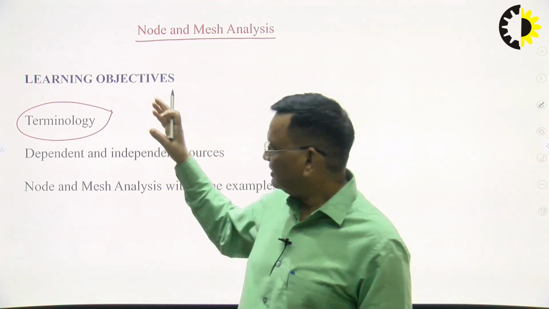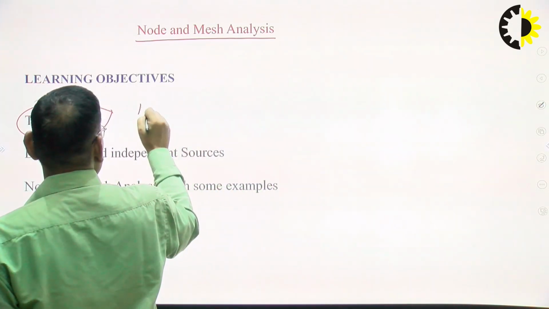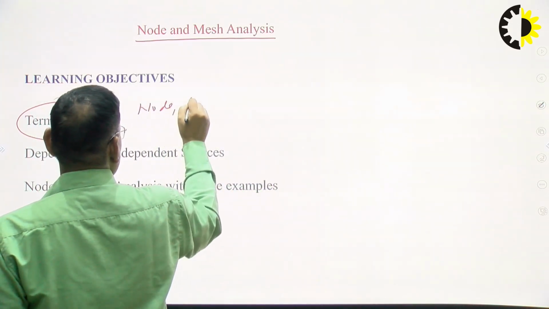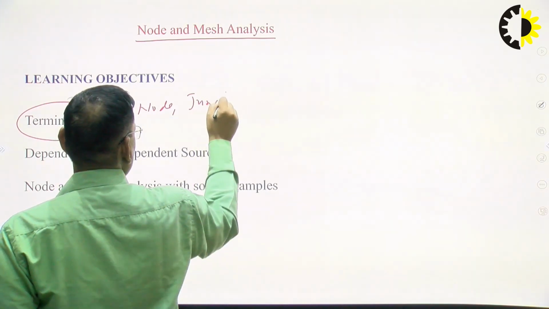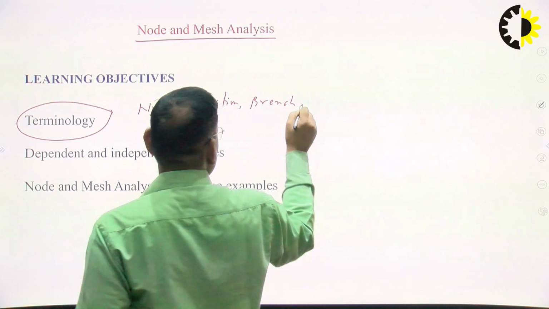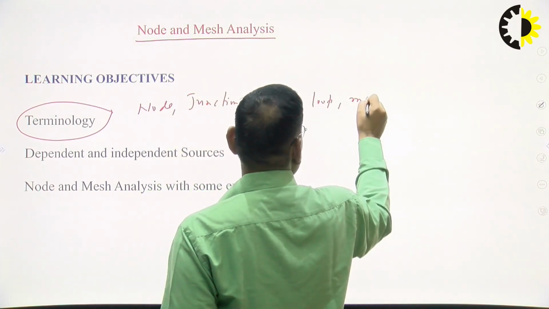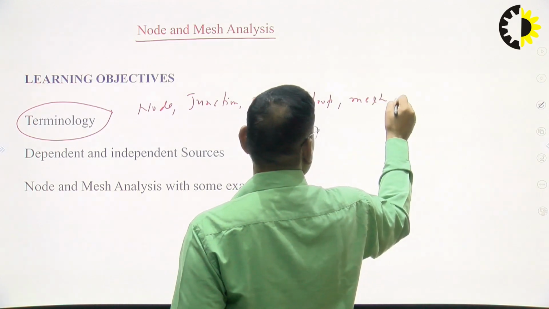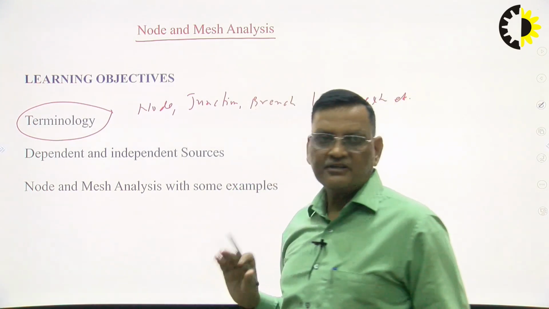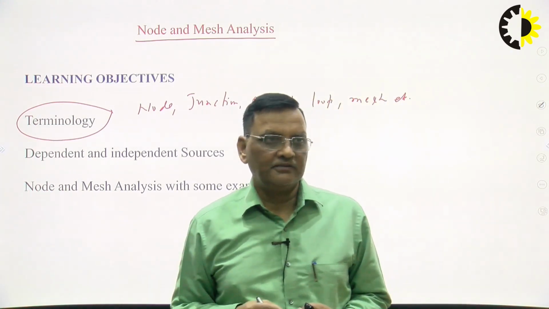First we will discuss the various terms such as node, junction, branch, loop, mesh, etc. We will define these terms before carrying out the node and mesh analysis of any given circuit.